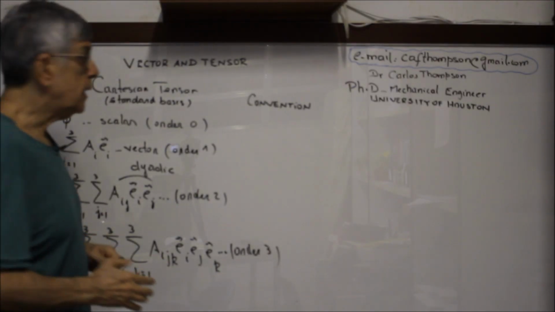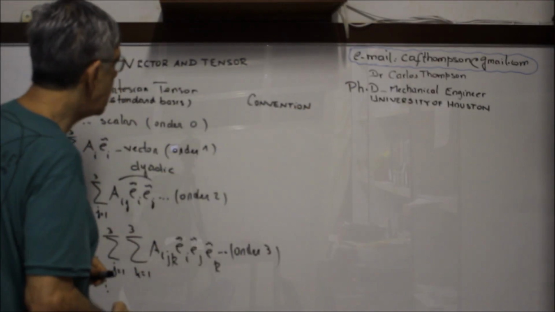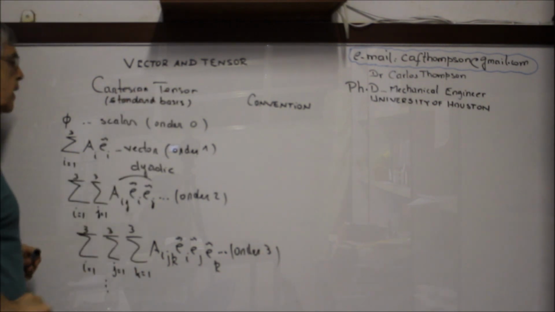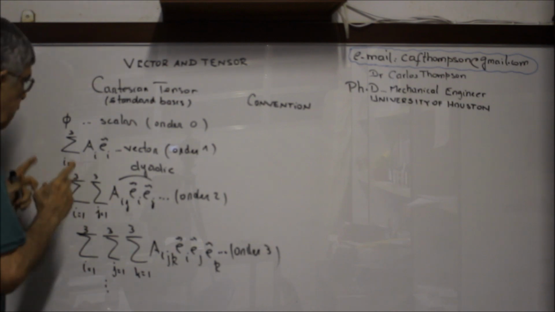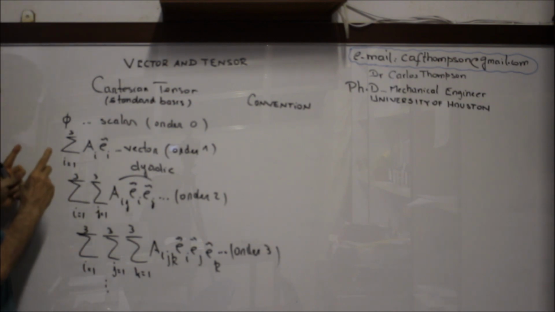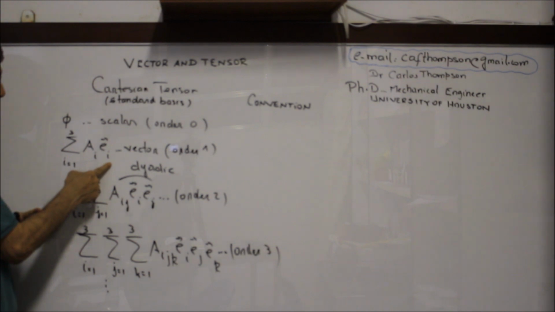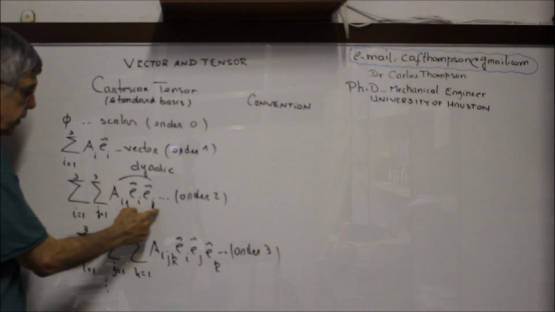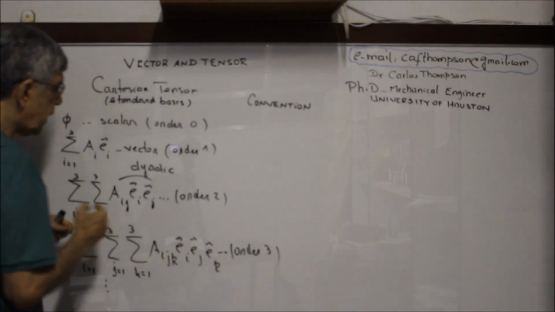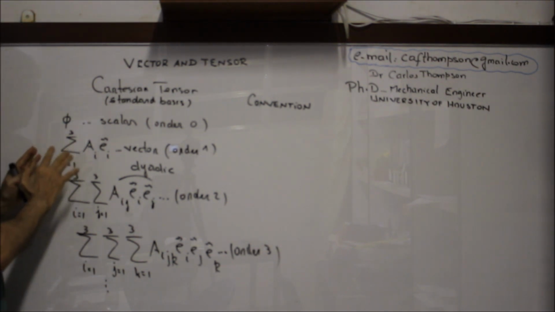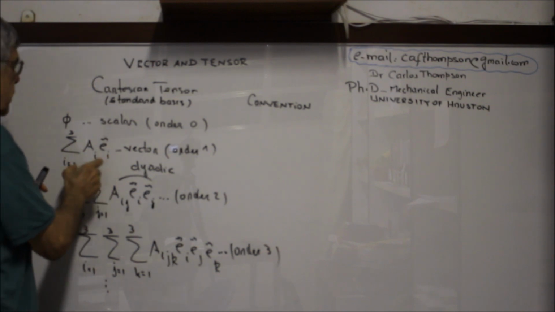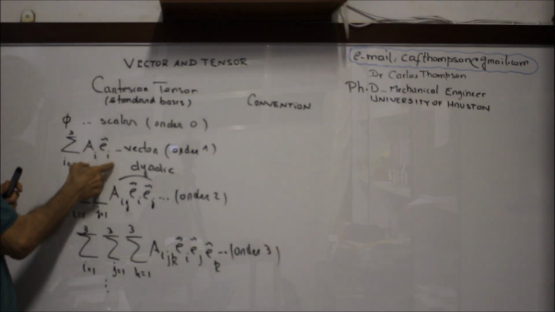There is a convention about this tensor over here. So what we do is this: forget the unit vectors ei, ej, ek. Just work with the components. So let's write down here the components of this vector. This is a vector.